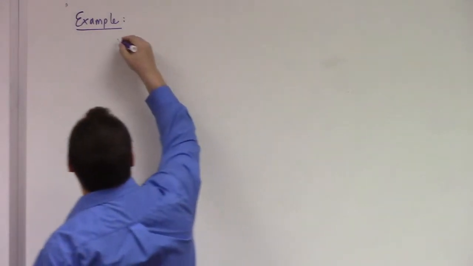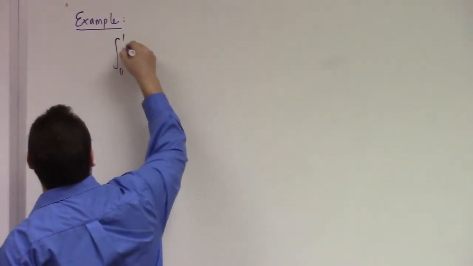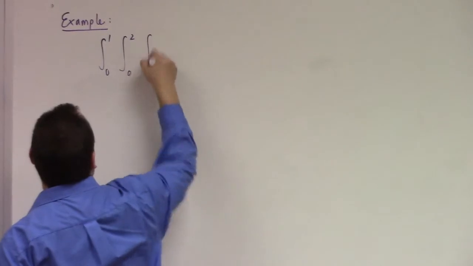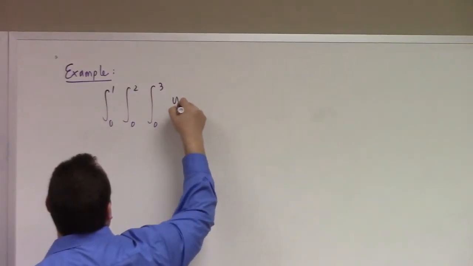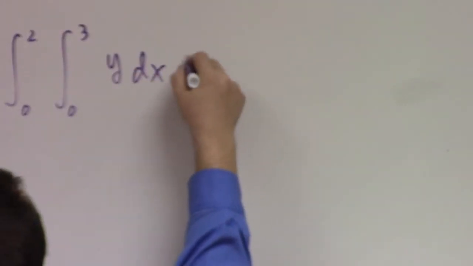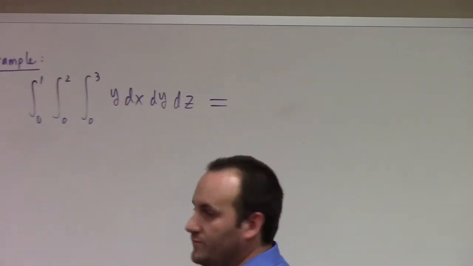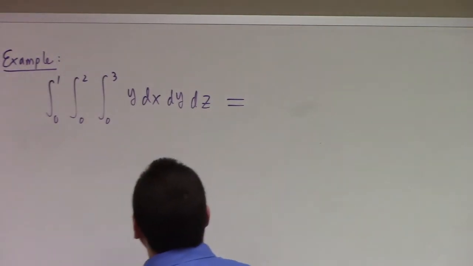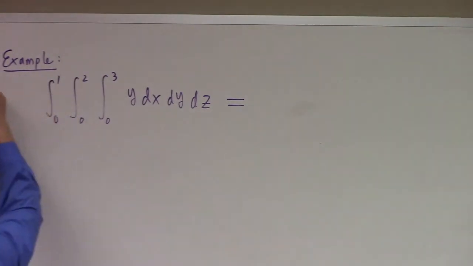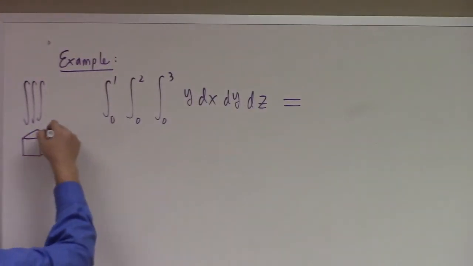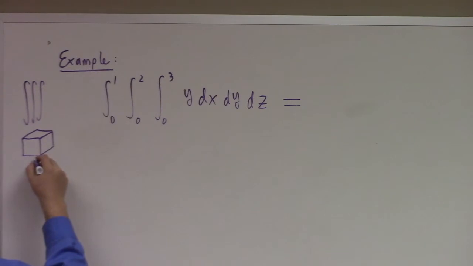But let's look at a specific one. How about the integral from 0 to 1, integral from 0 to 2, integral from 0 to 3 of y dx dy dz. This would be the triple integral over this rectangular box. I'm trying to think which length has which side, if I'm drawing in the usual x, y, z way.